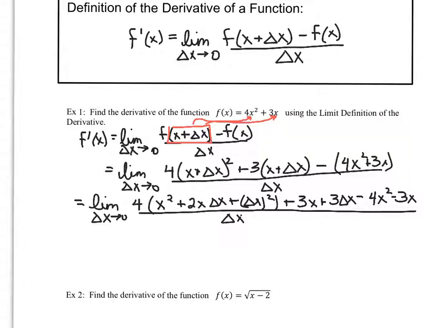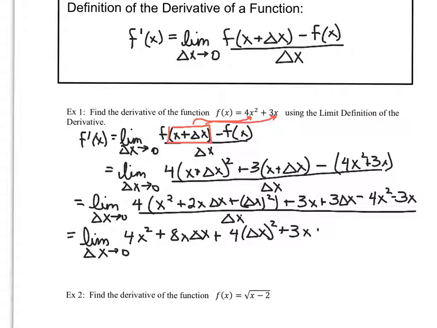Now I'm going to go ahead and distribute the 4, so I've got the limit as delta x approaches 0 of 4x squared plus 8x delta x plus 4 delta x squared plus 3x plus 3 delta x minus 4x squared minus 3x all over delta x.